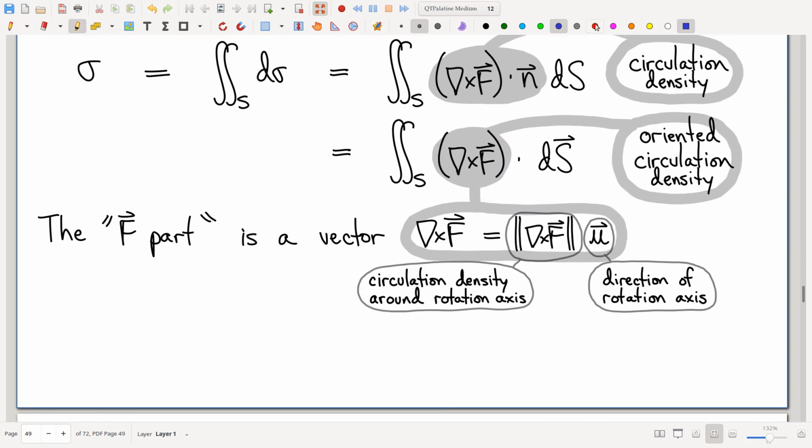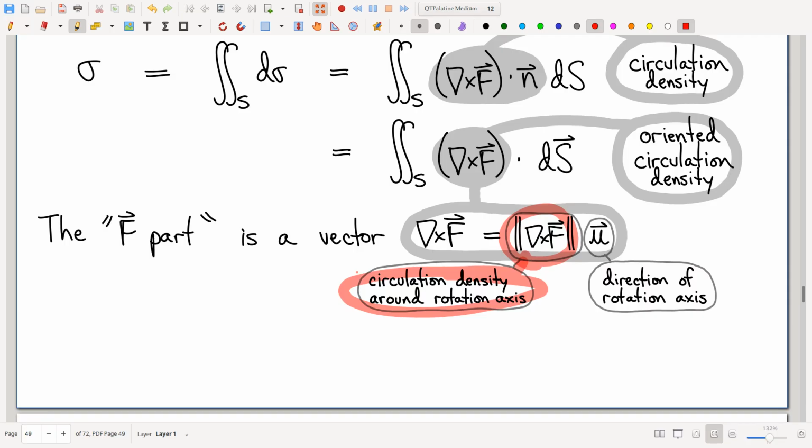The magnitude tells you how much rotation is there in the fluid. By the way, kind of like Green's operator. Remember Green's operator to curl, two-dimensional curl. I like to call it Green's operator. Tells you how much of a rotation there is in the fluid. Same deal here. The magnitude of the gradient is telling you whatever the nature of the rotation is.